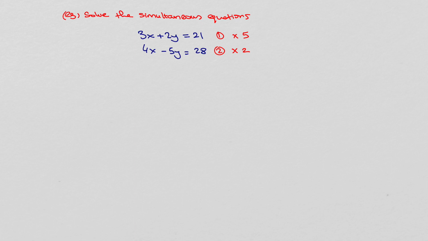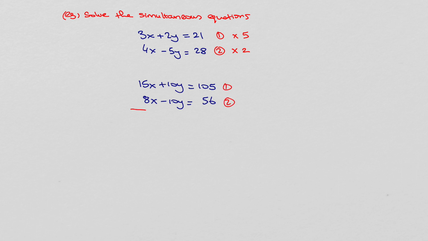But I'm not just multiplying the y by 5, I have to multiply everything in the first line by 5. So what I do to the left, I must do to the right. So that gives me 15x plus 10y equals 105. And in the second equation, I'm going to multiply everything by 2, which gives me 8x minus 10y equals 56.